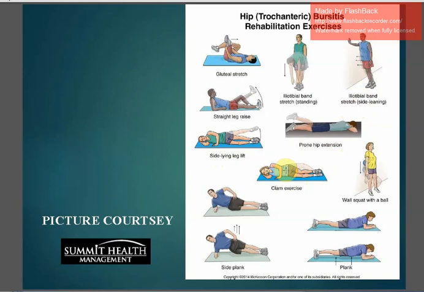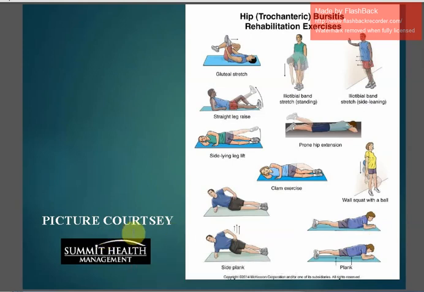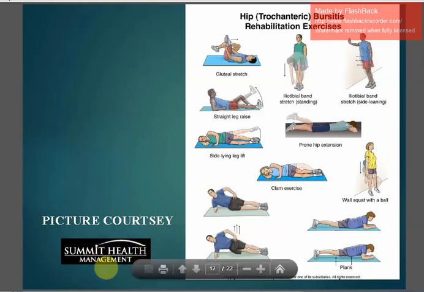Here the person is in side lying and trying to abduct the limb above, abduct and bring it down. Then this is the wall squat with a gym ball, and these are the planks, side planks, and the prone on elbows plank. This picture is taken from the Summit Health Management website.